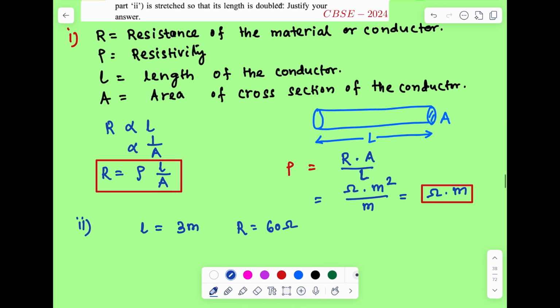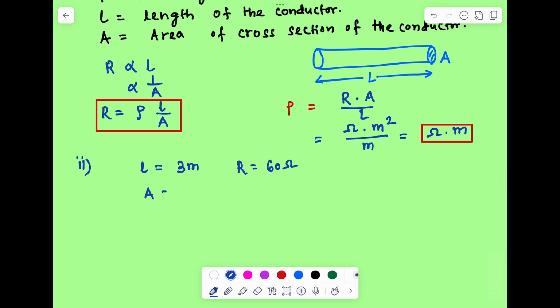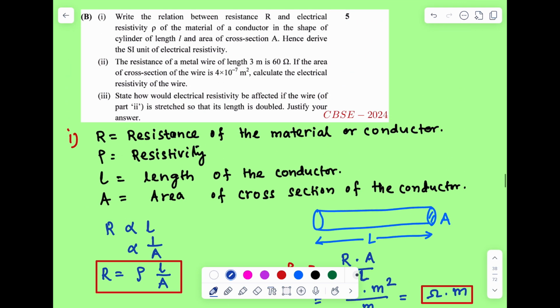If the area of cross section of the wire is 4 into 10 to the power minus 7 meter square, we have to calculate resistivity rho, which is equal to R into A by L. R is 60 ohm, A is 4 into 10 to the power minus 7, divided by L, which is 3 meter.